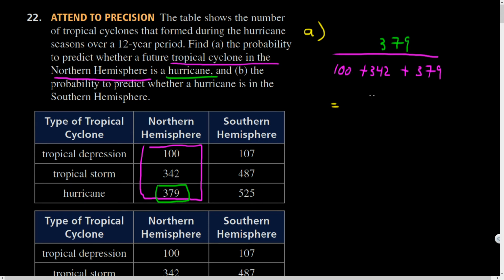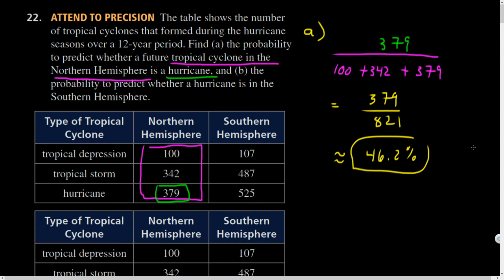And so if I add them up, I get 379 over 821, which is about 46.2% of northern hemisphere tropical cyclones are hurricanes. Whew. It's quite a bit. All right.